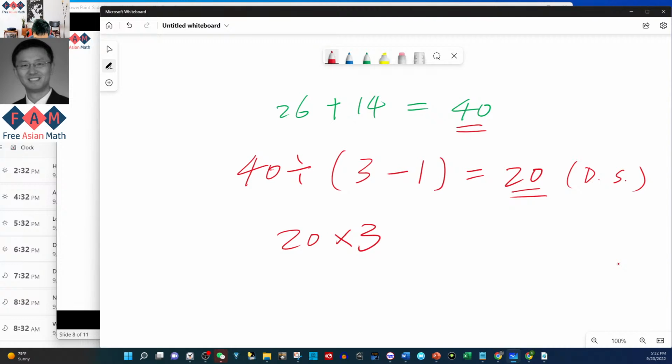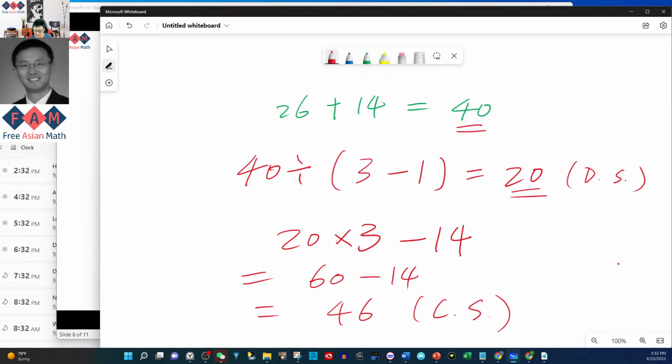So we have to subtract 14 from this hypothetical one to get the actual choir class size. So it's 60 subtracting 14, which is 46. And this is the actual choir class size, the number of choir students.